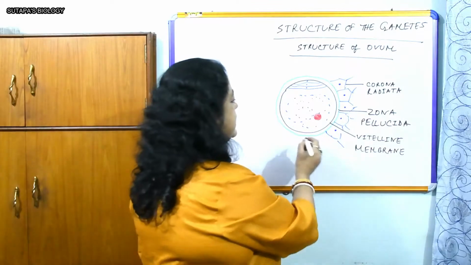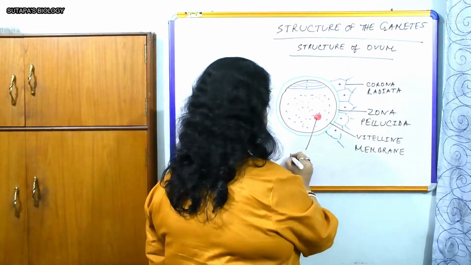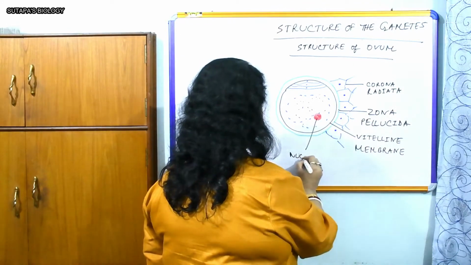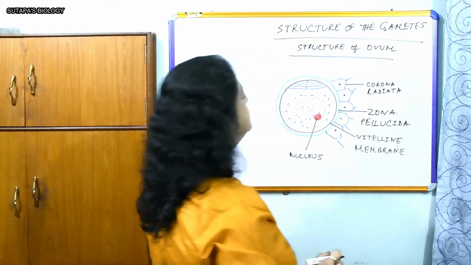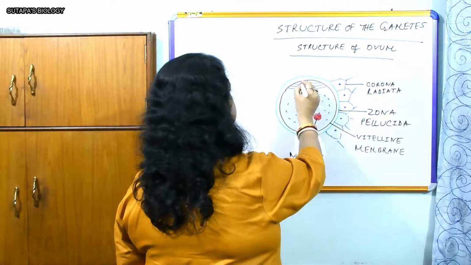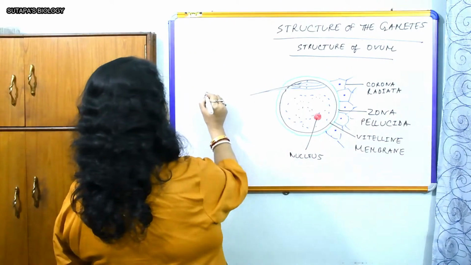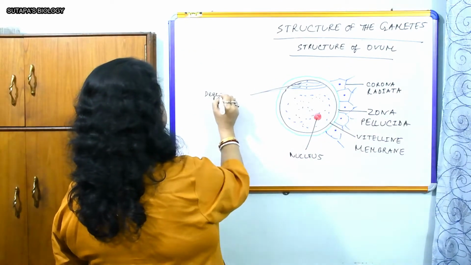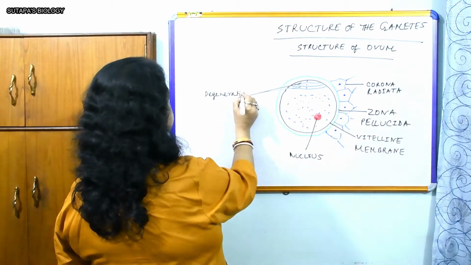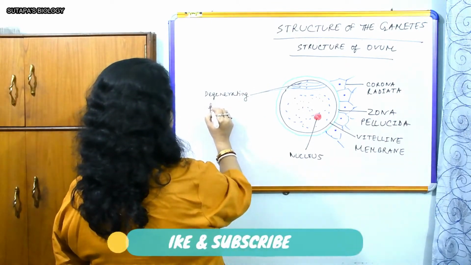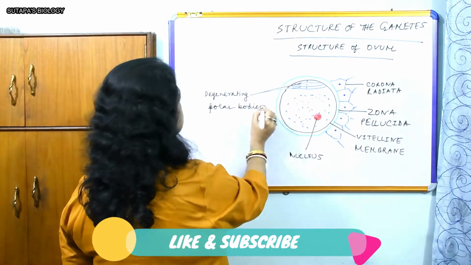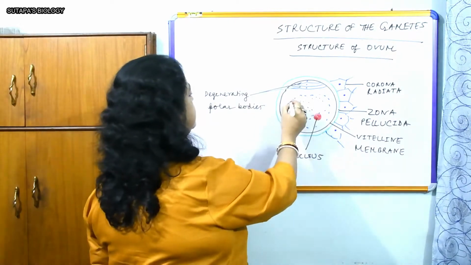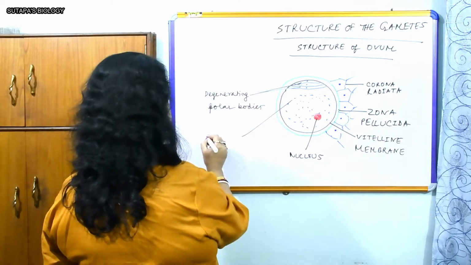Now this is the vitelline membrane and this is the nucleus. And these are the degenerating polar bodies. They have no function. And this is the dense ooplasm.